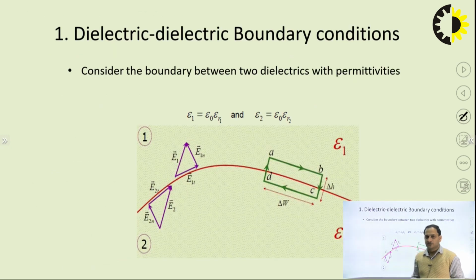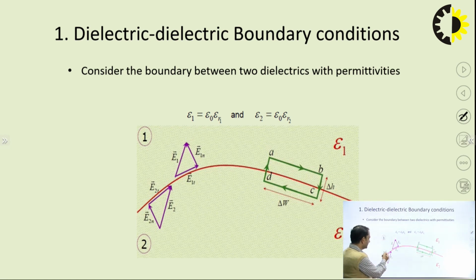The first case we are going to discuss is the dielectric case. We are assuming that the upper medium is medium number 1 and the lower medium is medium number 2. Medium 1 is defined by epsilon 1 and medium 2 by epsilon 2, one dielectric and the second dielectric.